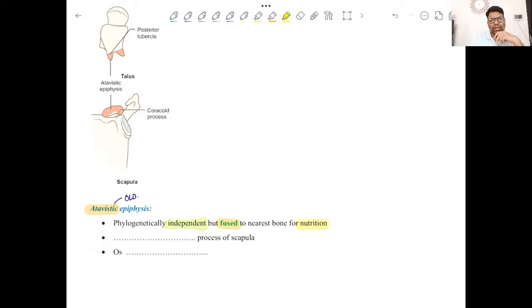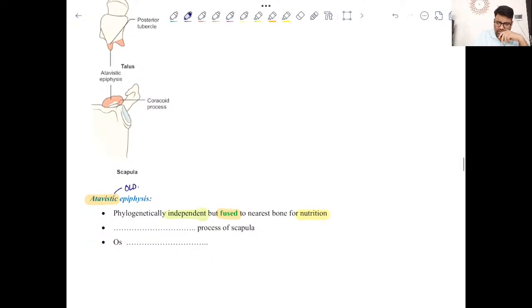So initially independent, but later on becomes a part of some other bone, and the classical example is coracoid process of scapula.